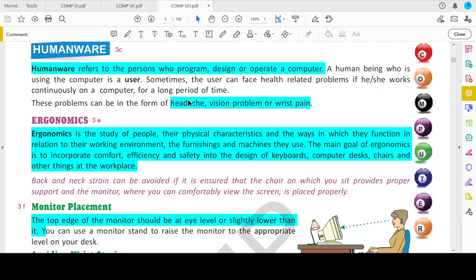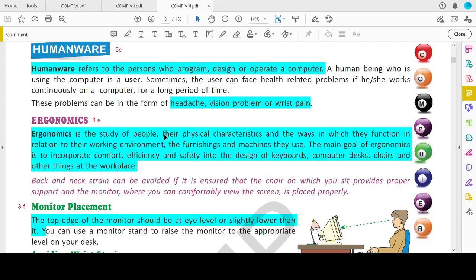So if you have to work for a long time on a computer, you should have the humanware, you should use such furnishings that are made according to ergonomic standards.